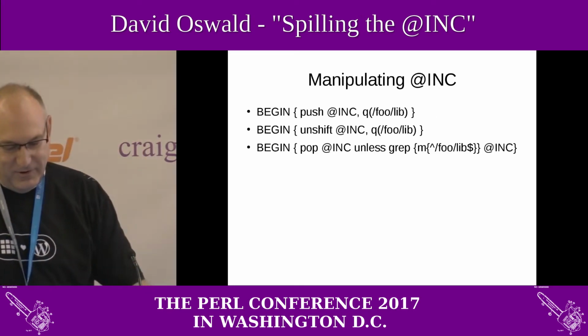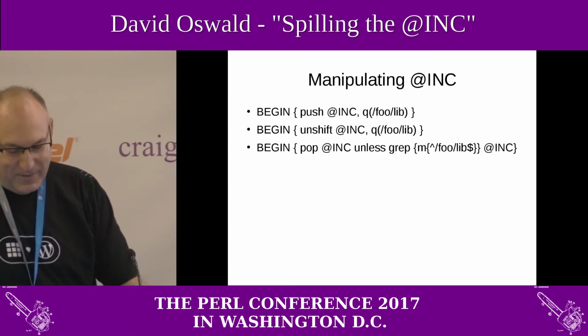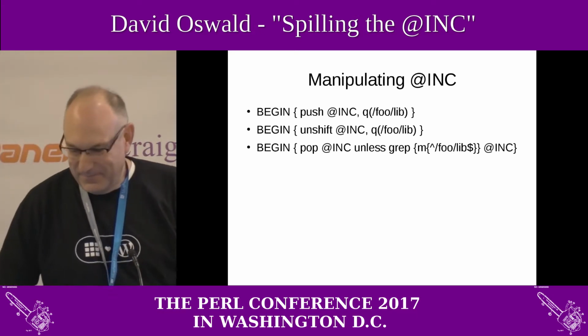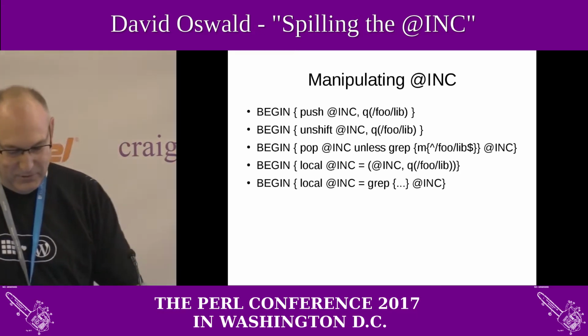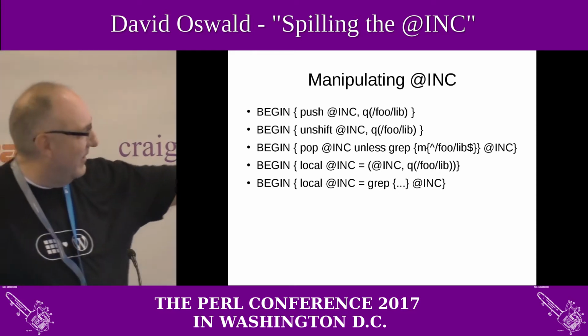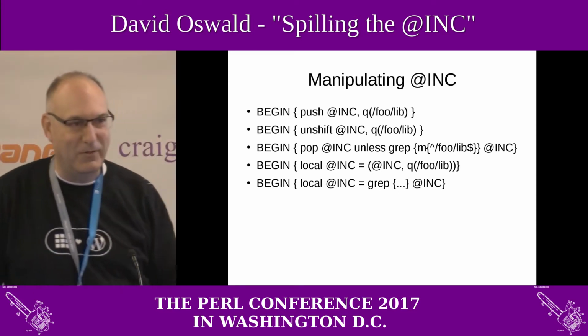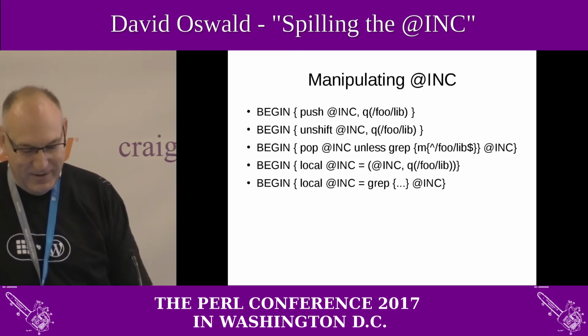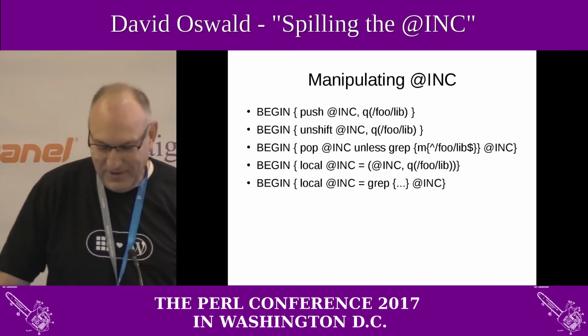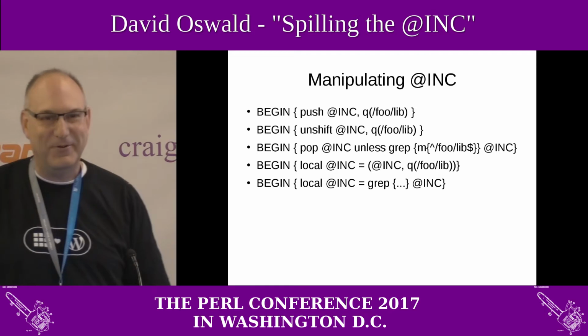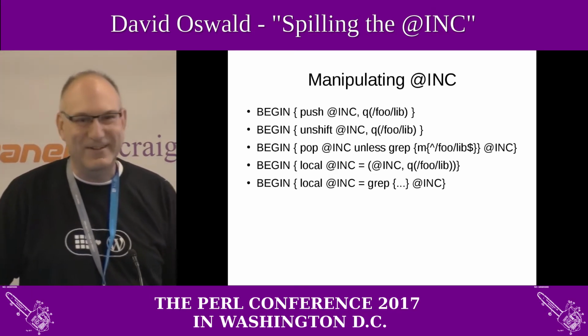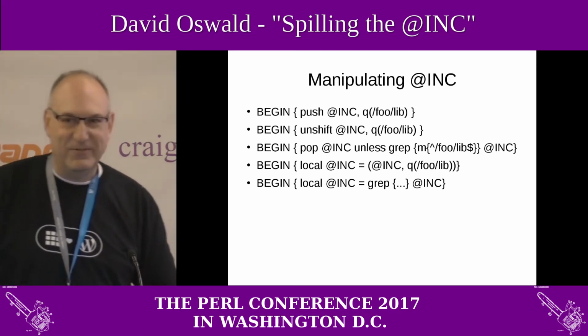Here we're going to remove an element from @INC if it matches foo/lib. And here we're going to grep, and we can make a localized change to @INC as well. Although this one's totally useless because we localized it and the local scope evaporates as soon as the BEGIN block ends, right? I think that was an oversight when I made the slide.